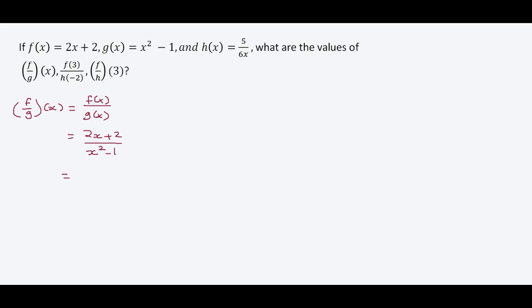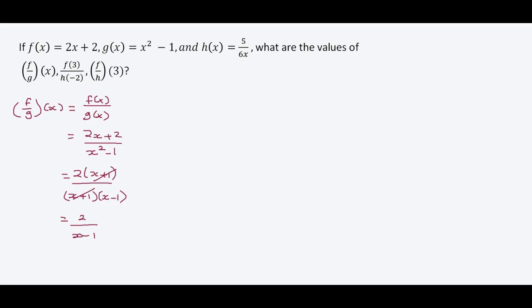Now we can simplify numerator and denominator, rather we can factor them: 2 times x plus 1 divided by x plus 1 times x minus 1, and then we can cross out the x plus 1s. It's going to be 2 over x minus 1.